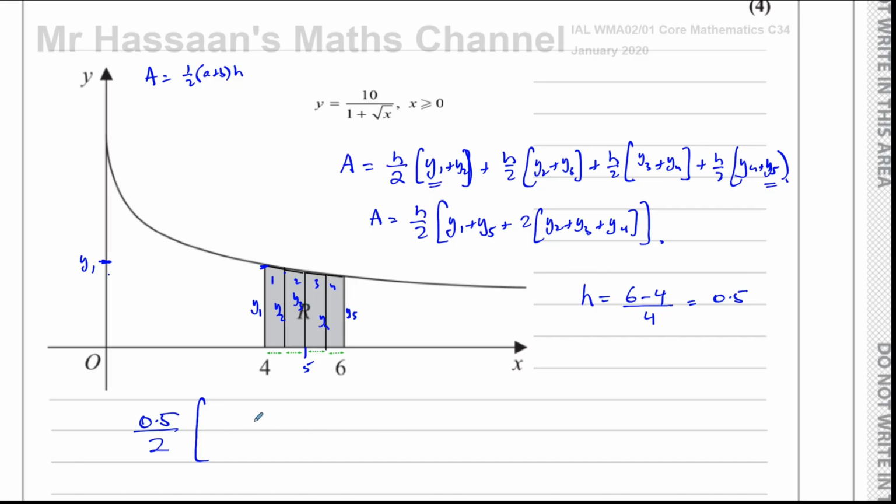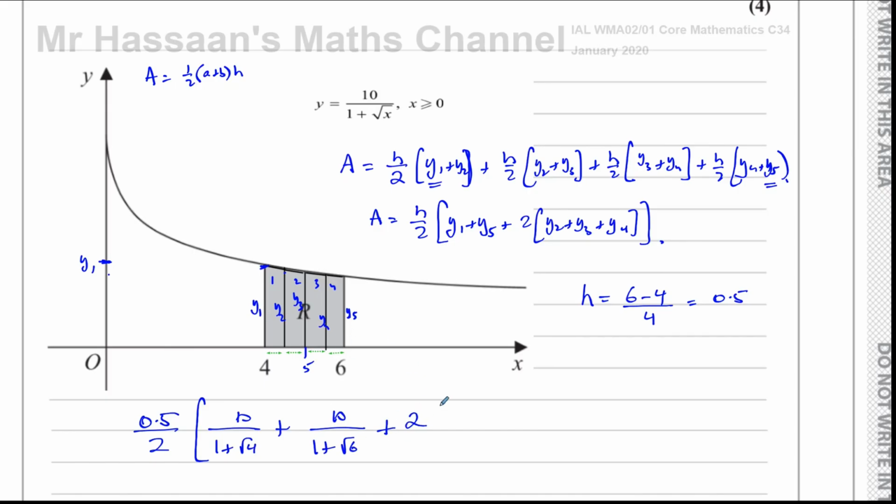So what I'm going to do is, instead of making a table of values, which you could do, I'm just going to put it in like this. So when x equals 4, I'm going to have 10 divided by 1 plus root 4, plus, and for y5, the last one, 10 over 1 plus root 6. Okay, so that's the first and the last.